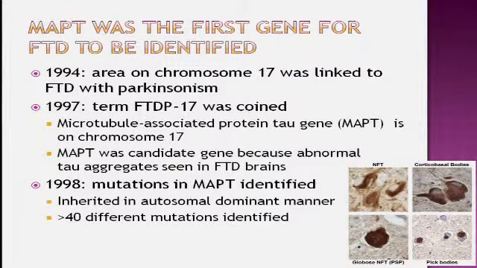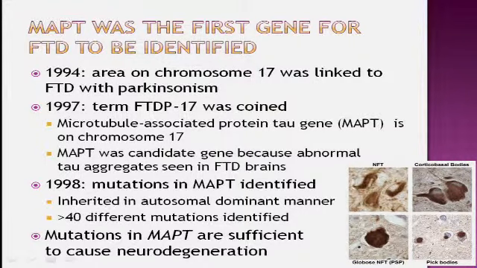Subsequently, in 1998, finally, after a long search, mutations in the tau gene were identified. Tau mutations are inherited in an autosomal dominant manner, and since that time, more than 40 different mutations in tau have been identified. This was a seminal finding because it showed that having mutations in tau was sufficient to cause neurodegeneration.